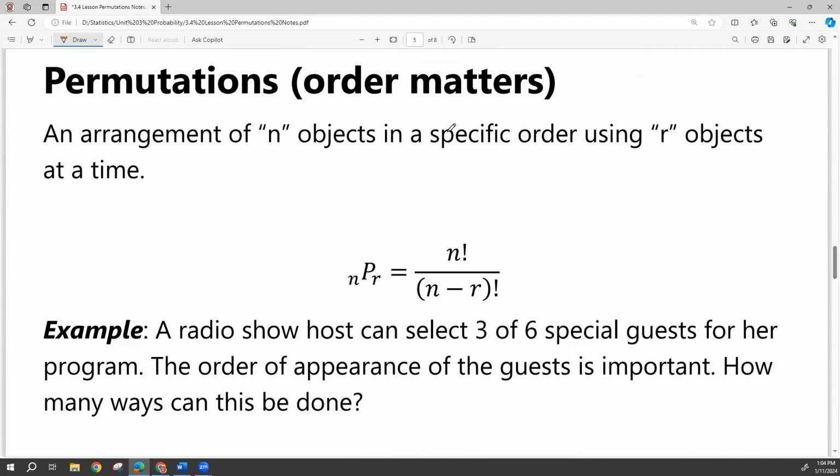This is when we want to know, hey, what are all the possible arrangements if we have a certain number of things to arrange and we want to use some specific amount of those things? That seems pretty generic. So that's why I have an example here. This is the notation for a permutation, and this is the calculation that goes into it. So n is the total number of things we have, and r is the total number of things from that group that we want to put in some order.